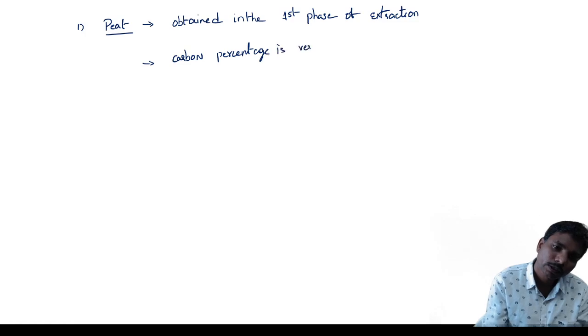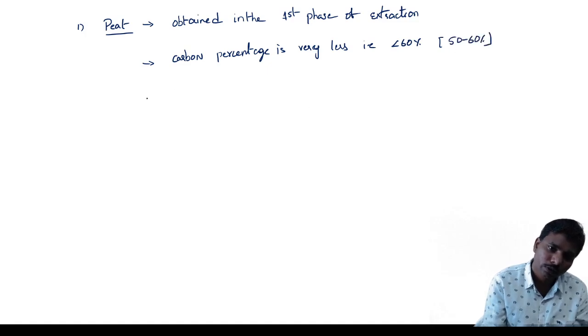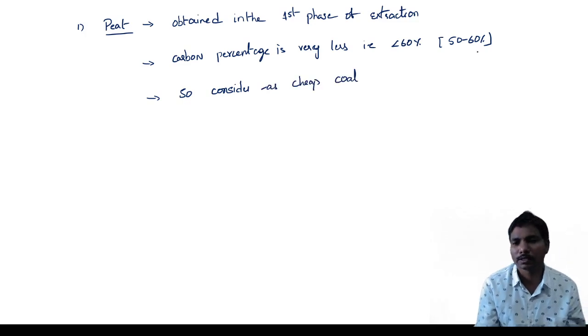This is very less, that is less than 60%. That means approximately 50 to 60%. So consider as cheap type of coal. Cheap coal.